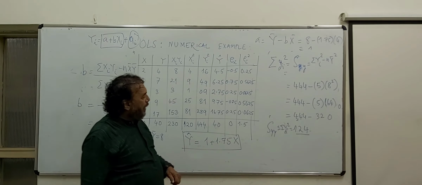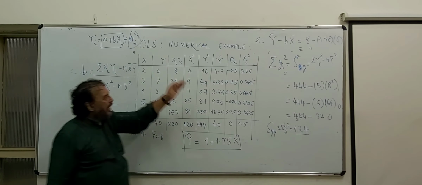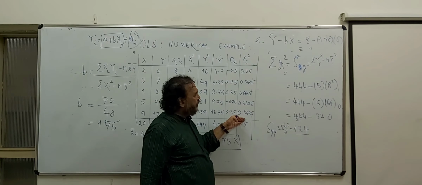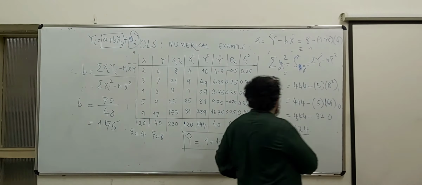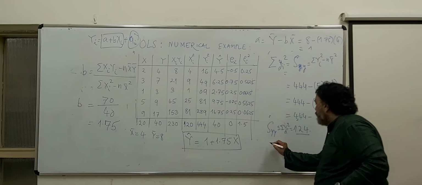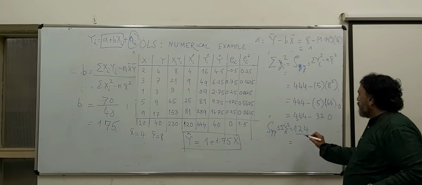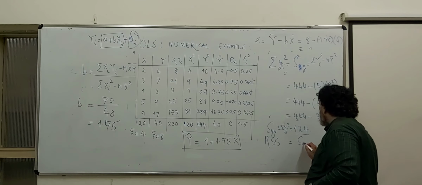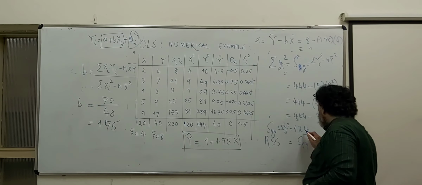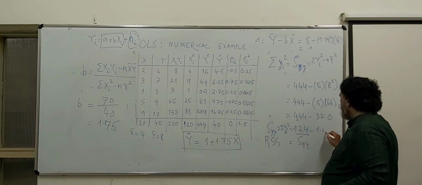How much of that can be attributed to this disturbance term? The answer here is the sum total of squares of error terms, which is 1.5. Which means, in our notation, what can be called the residual sum of squares, we take S of y, that is 124, and subtract from that 1.5.